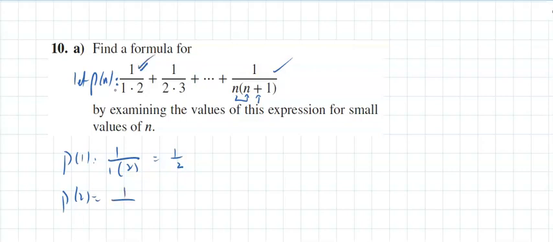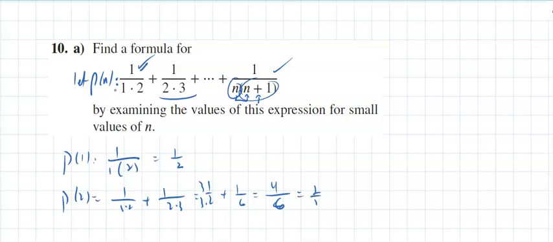If I want to go for P of 2, that is plugging 2 in there. That'll give you 1 over 1 times 2 plus the second term, 1 over 2 times 3. If I work this out, that is 1 over 2 plus 1 over 6, all over 6. That is 3 plus 1, that's 4 over 6, which is 2 over 3.